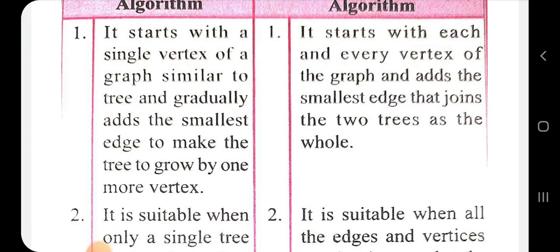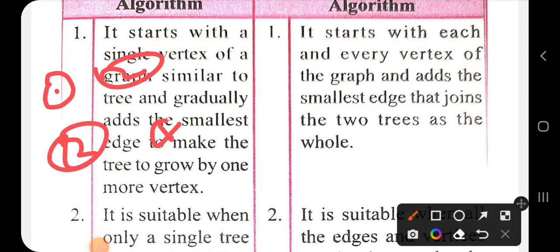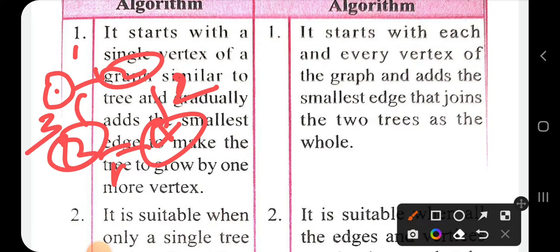For example, to convey this particular point, consider this graph with vertices 1, 2, 3, 4. In case of Prim's algorithm, you will be selecting any vertex which has the smallest edge. Say I have a 1 here, a path called 2 here, and a path called 3 here.